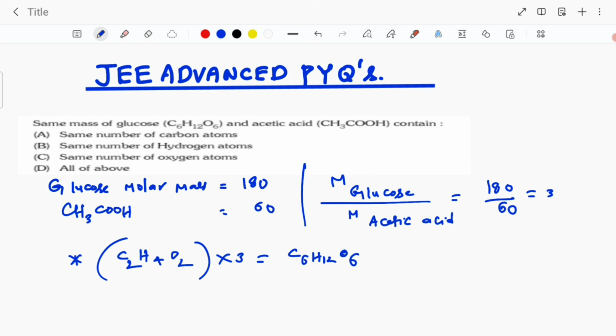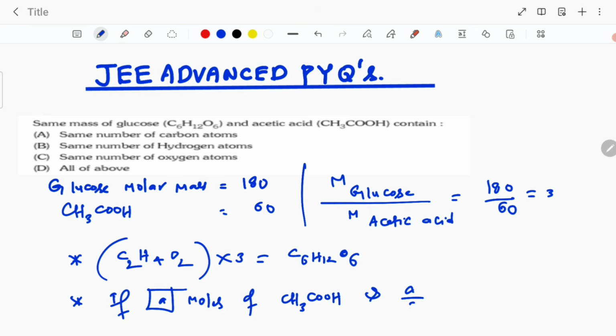Now with this information, if I take A moles of acetic acid, you can say here A by 3 moles, that is nothing but A by 3 moles of glucose.